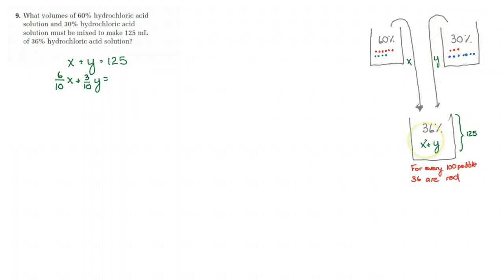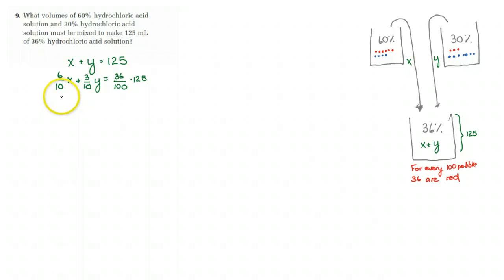The red pebbles from the 60% and from the 30% make up all the red pebbles in my new container. If the new container has 125 pebbles, then 36% of them are red. So the sum should equal 36% of 125.